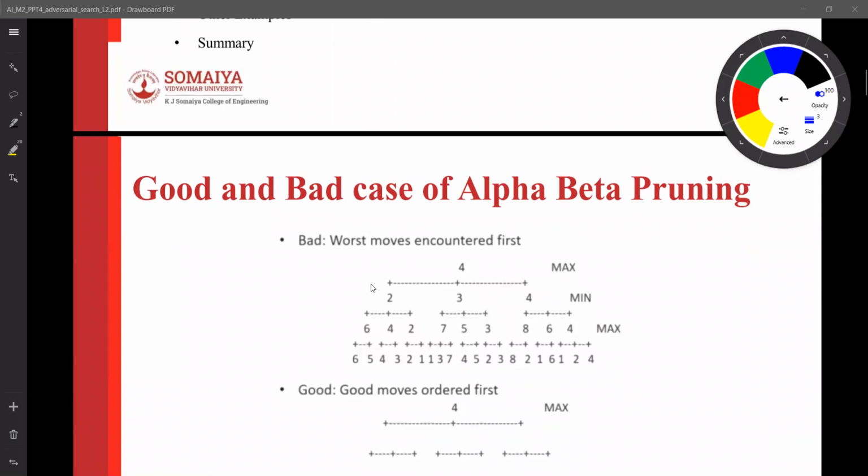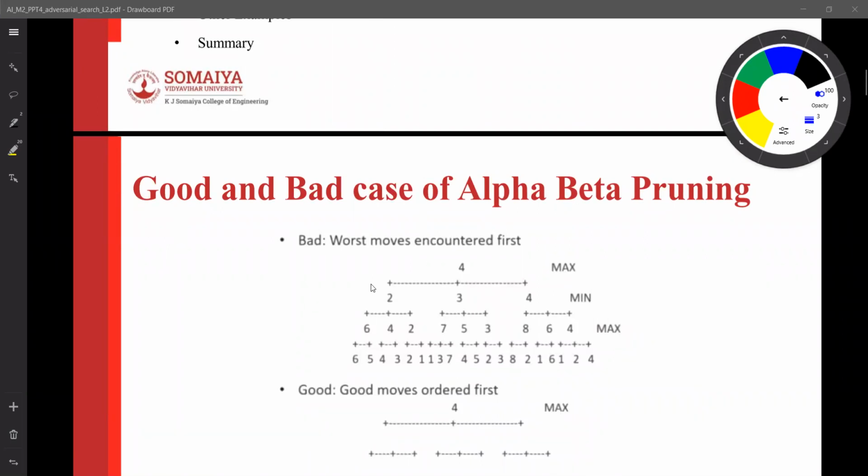The slide I'm showing you is a bad case, and the following one is a good case, which I have not marked as yet. Let's say I'm the max and I order my nodes as 2, 3 and 4.